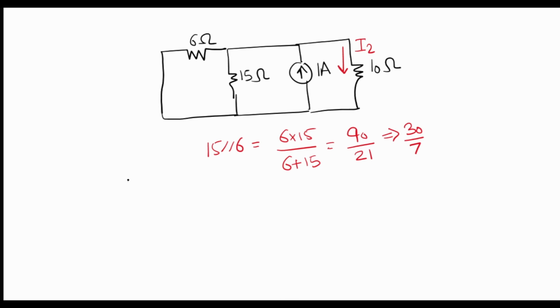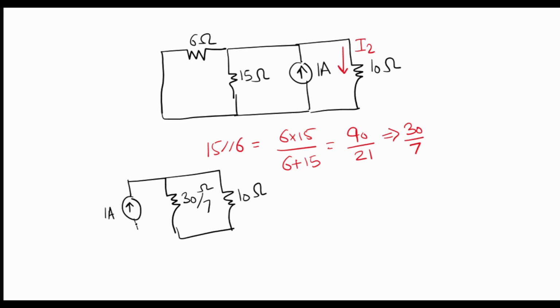And now the circuit can be redrawn as 1 amp, 30 by 7, 10 ohm, and we have to find I2.